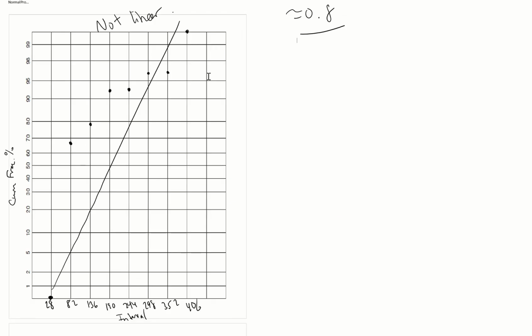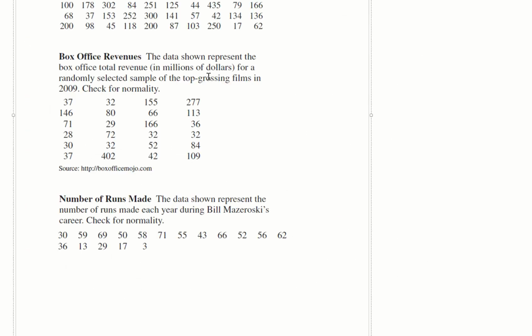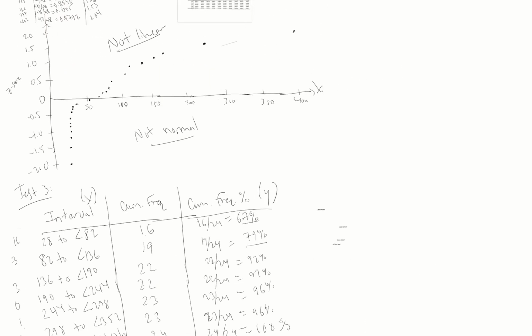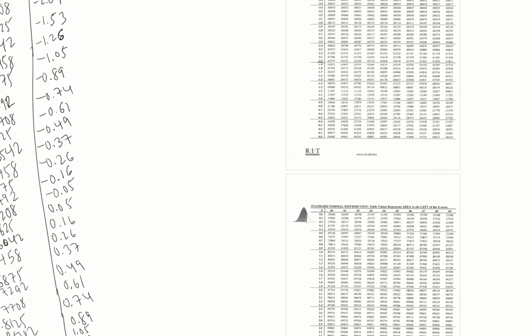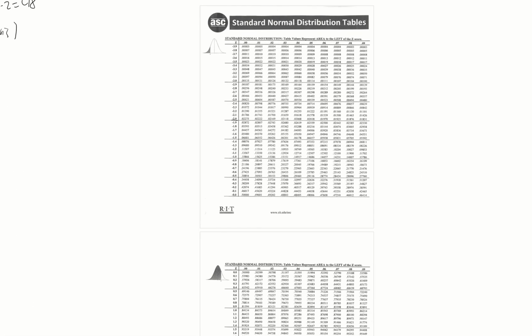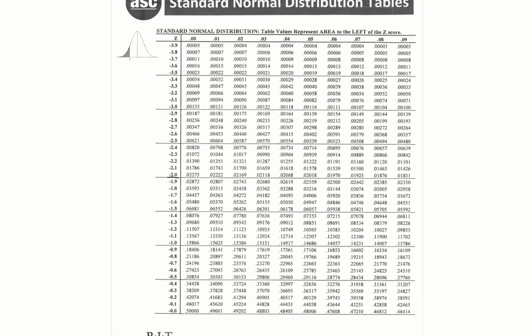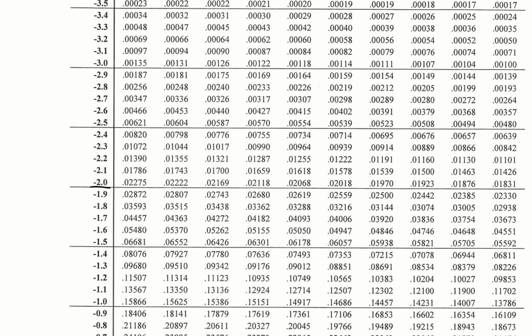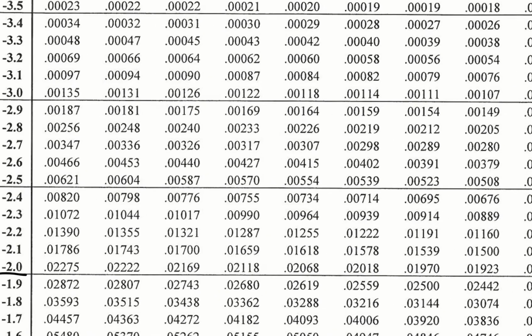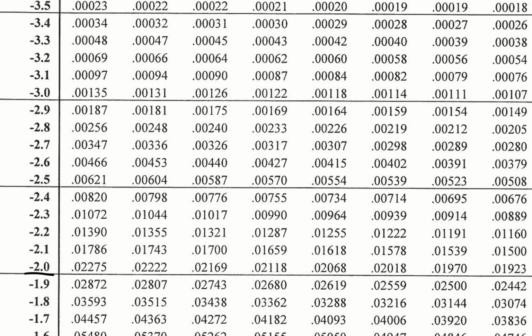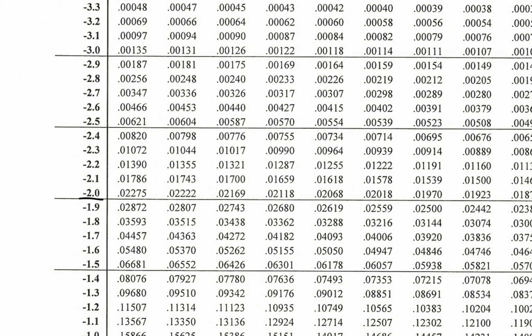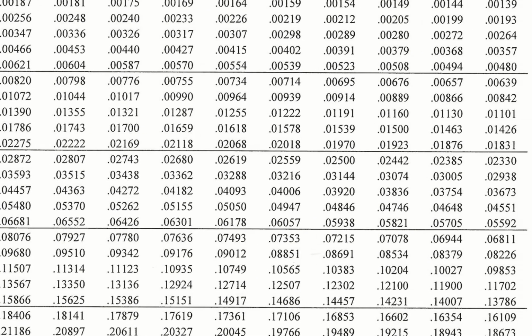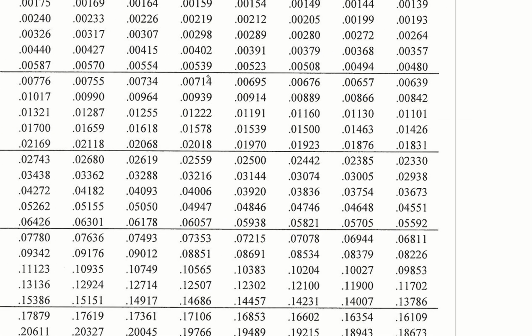So if we go back to the z-table here, if we look up 0.029 for the area, these are really close to 0.029, right?